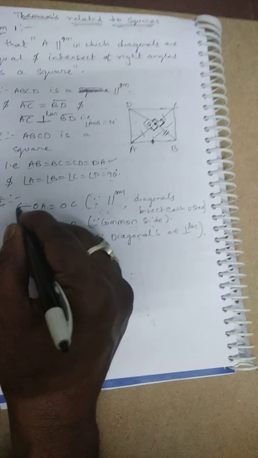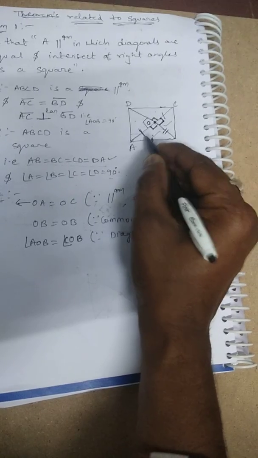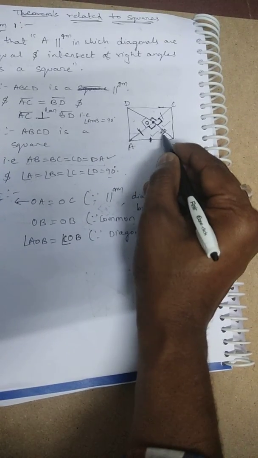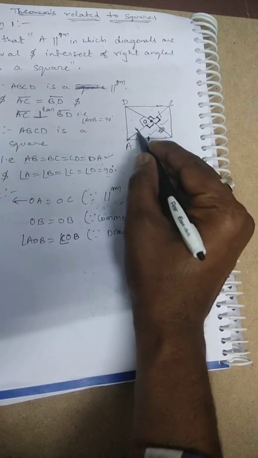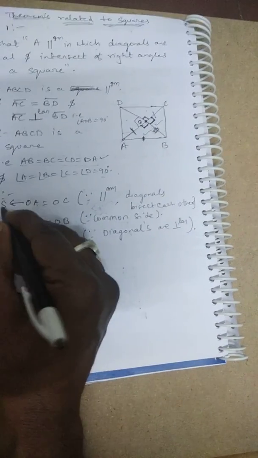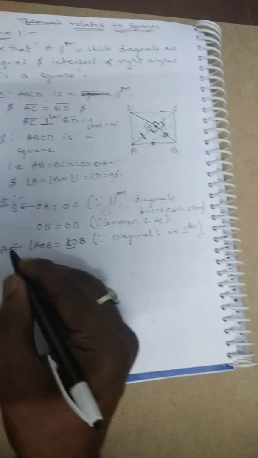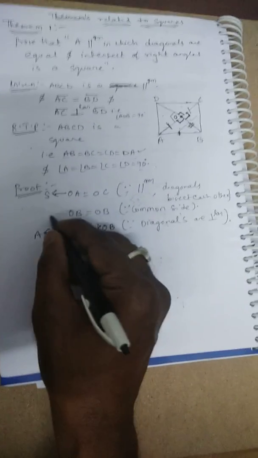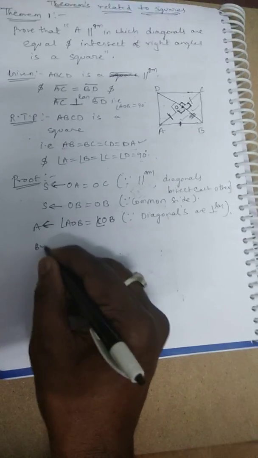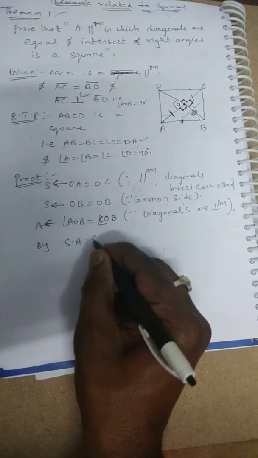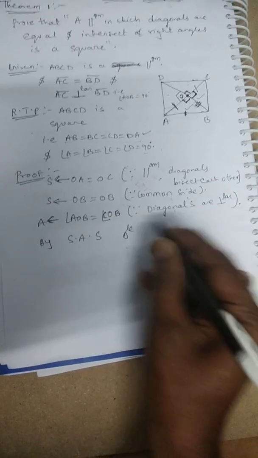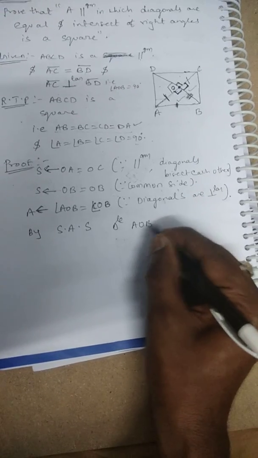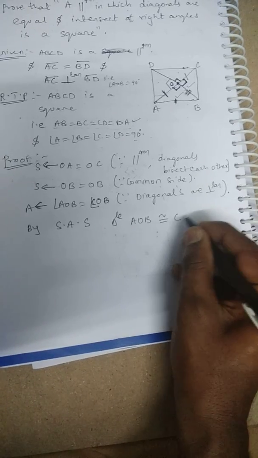So if you see this one, side OA, this angle, and this side, that is nothing but SAS. By SAS I can say that triangle AOB is congruent to triangle COB.